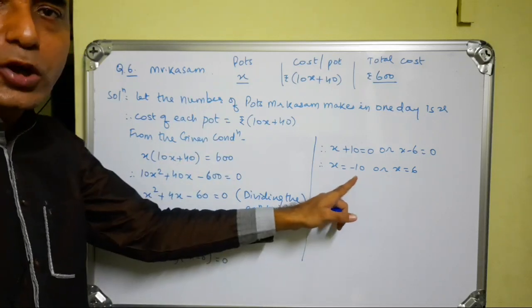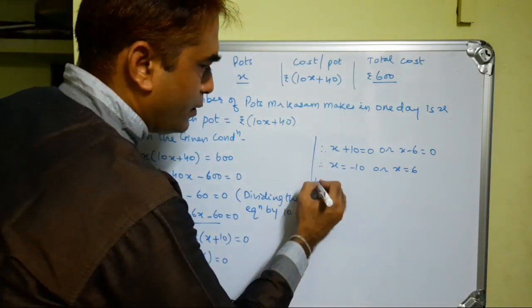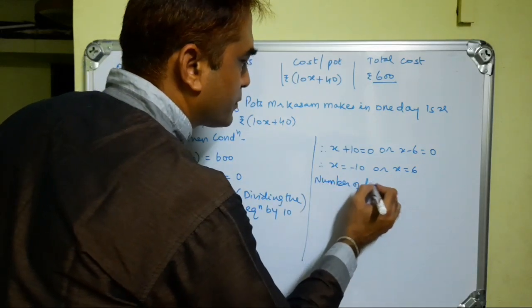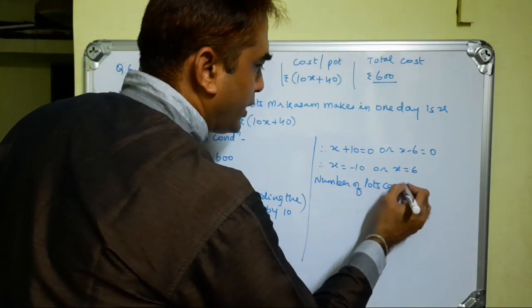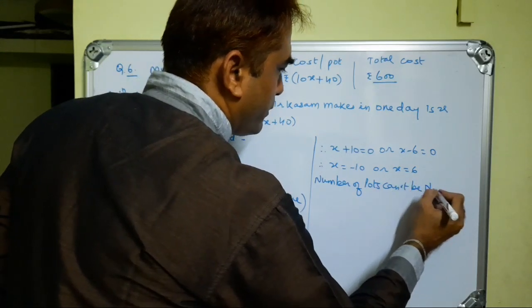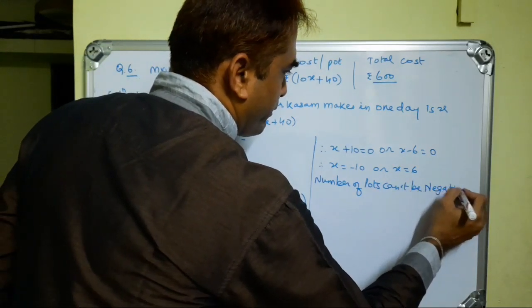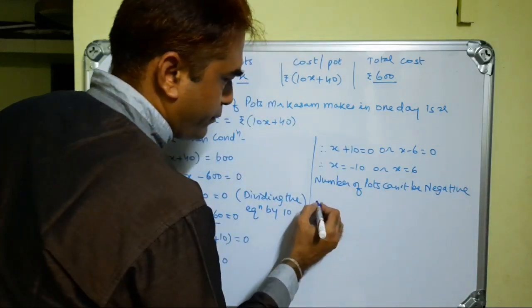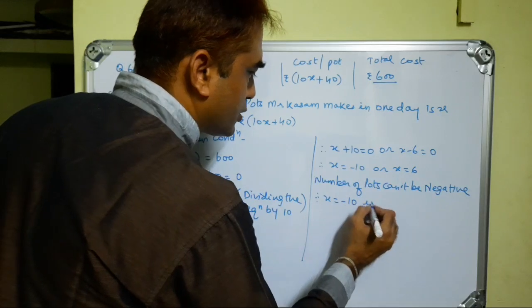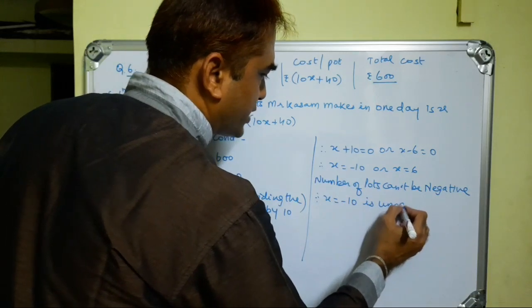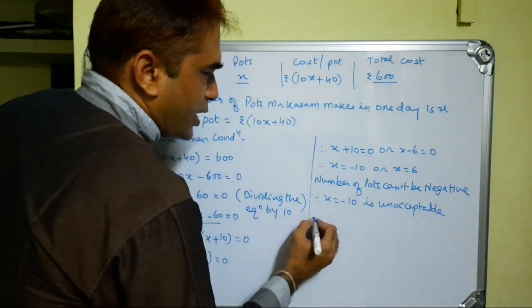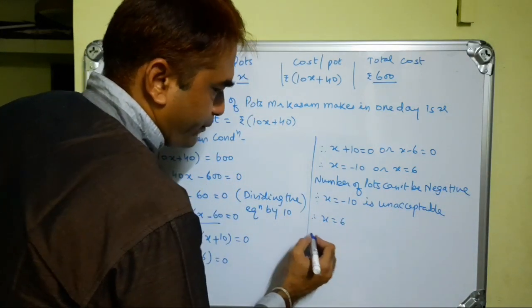So the number of pots cannot be negative. Therefore x equals negative 10 is not acceptable, and therefore x equals 6.